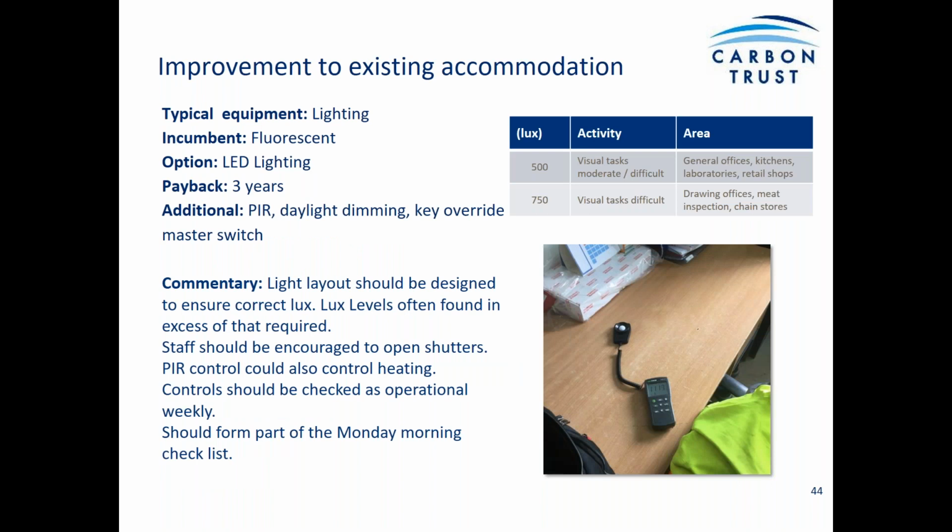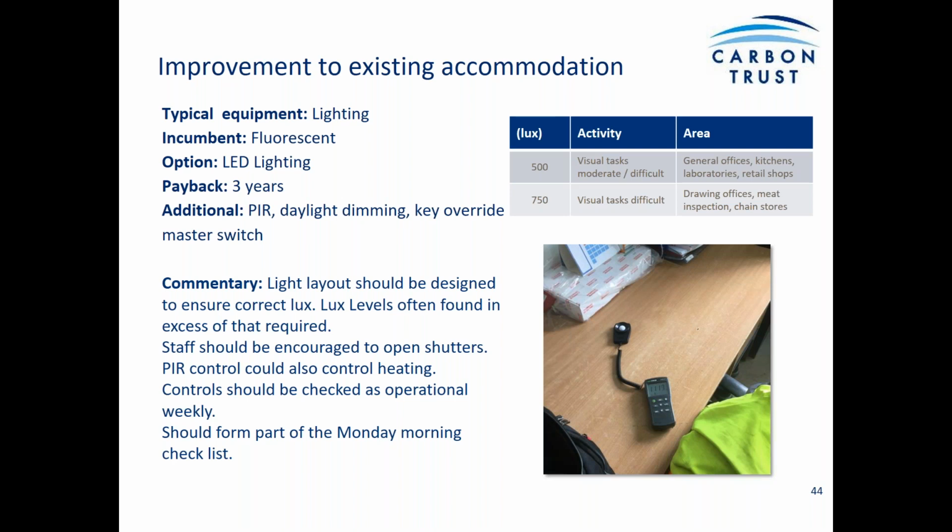So that slide's highlighting what we would have typically seen in terms of the lighting. Usually incumbent would be fluorescent. Your option for improving that is to move to LED lighting. Typical paybacks 3 years, maybe a little bit more, depending on the run hours.